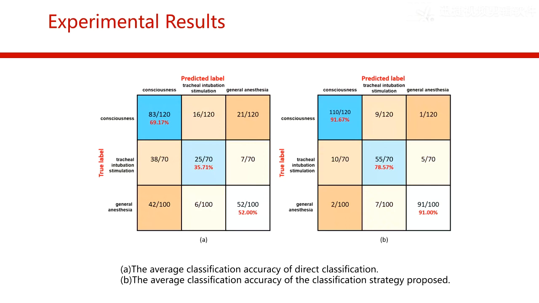It suggests that the accuracy rate of consciousness and anesthesia is high, while the accuracy rate of noxious stimulation is relatively low. However, the overall accuracy rate of our proposed model is greatly improved.